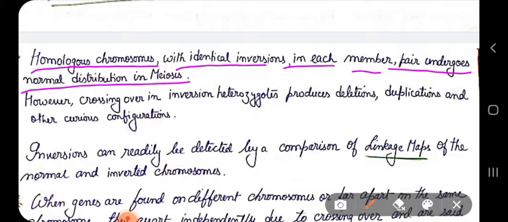If your homologous chromosomes, that means the pair of chromosomes, one from mother and one from father, have the same type of inversion, then they will distribute normally during the meiosis process, because at identical locations both the chromosomes have the inverted segment, so there will be no problem.